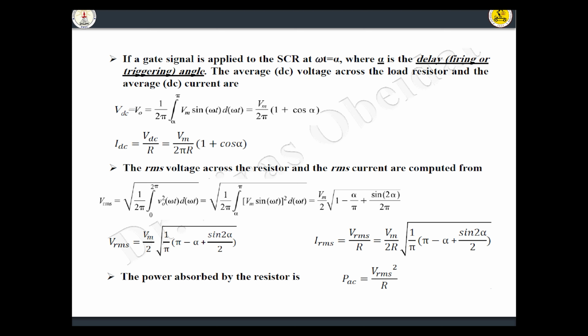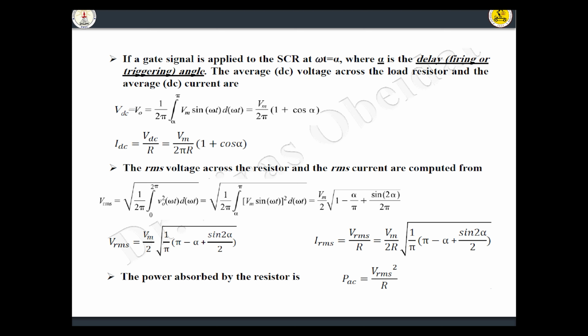Next we find the RMS voltage across the resistor and the RMS current. VRMS is equal to, RMS meaning root mean square value, the square root of 1 by 2 pi integral from 0 to 2 pi of V0 squared d omega t. Here Vm is also constant, so take it outside.